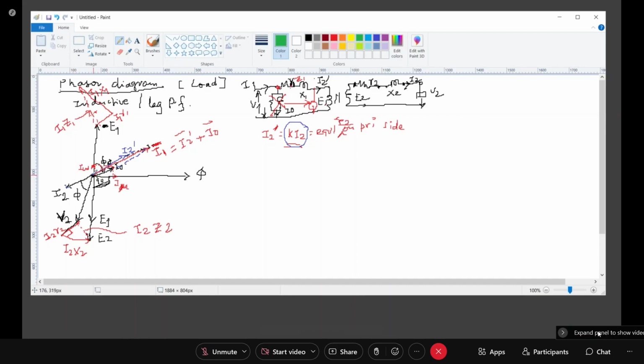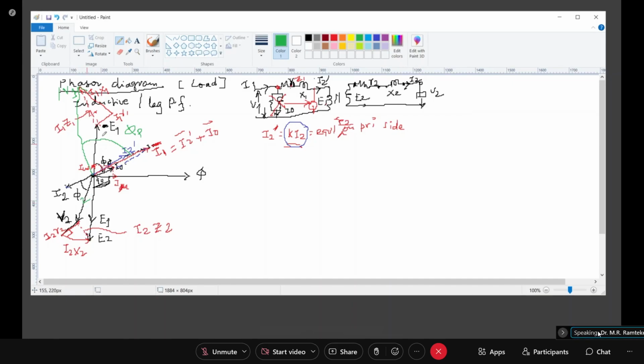Okay. And when we add this E1 and Z1 I1 drop, we get V1, which is given by this. So this will be my V1. Okay. And actually this will be the phase angle I1 and V1. This will be the phase angle on primary and this is the secondary. Okay.